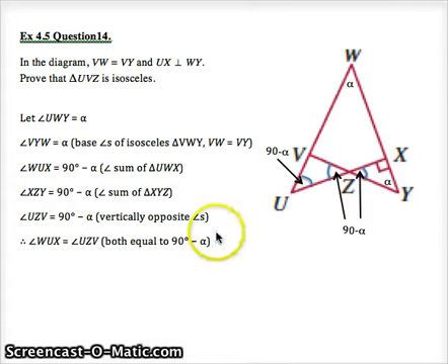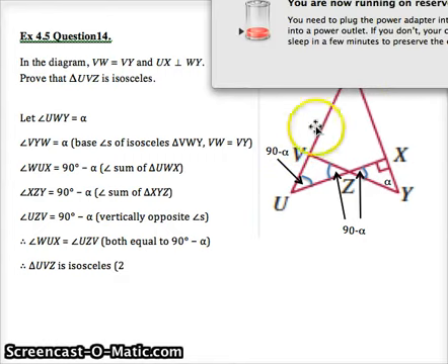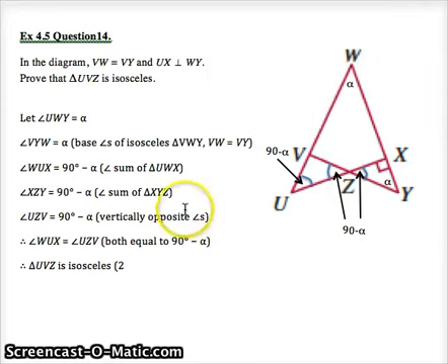Hence we can say that triangle UVZ is isosceles, because we have two equal angles. And that is the end of question 14.